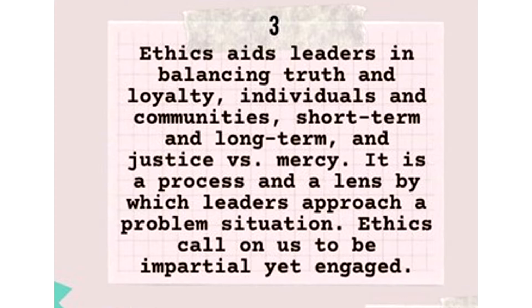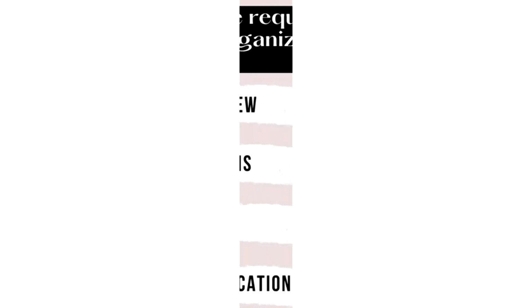Ethics call on us to be impartial yet engaged. Effective leaders use ethics to look for the hidden alternative in any ethically questionable situation. They use it as a compass to navigate what is right versus wrong, or even what is right versus right.